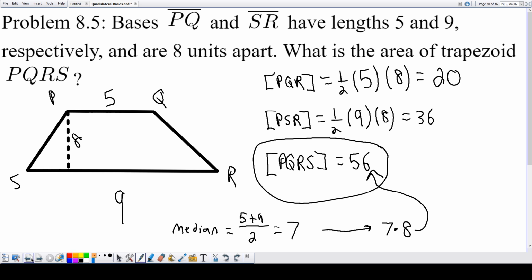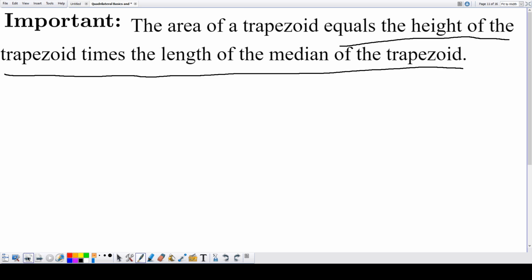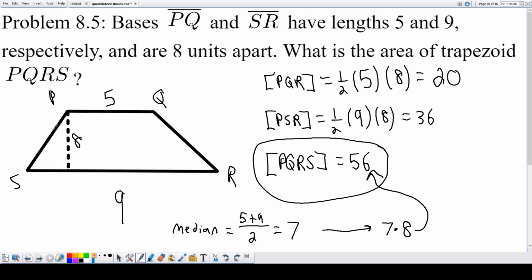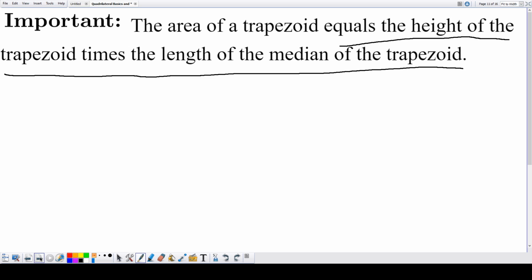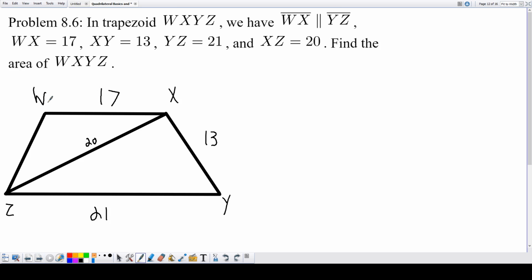Well, we just said the area was the length of the height times the median. And in the last problem, we had the height. We just found the median, or we did a little bit of extra work, but we wanted to develop the idea first. So, now we are given the lengths of the bases, which means I can find out what the median is.